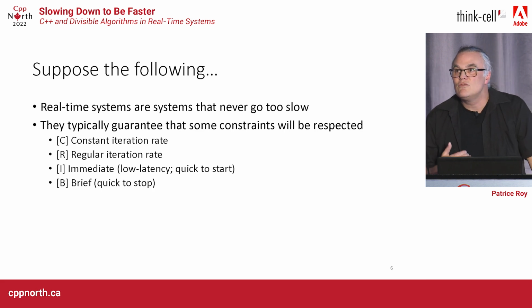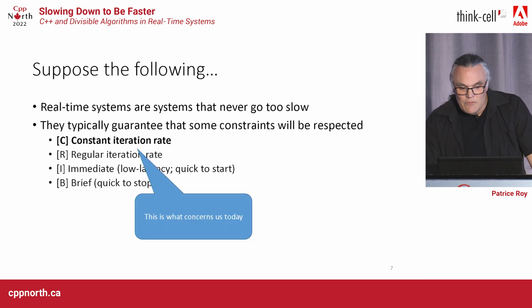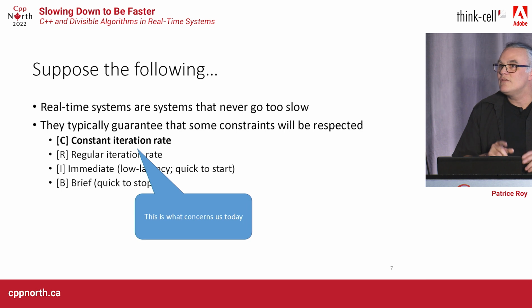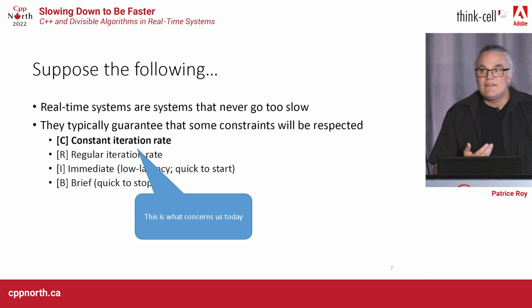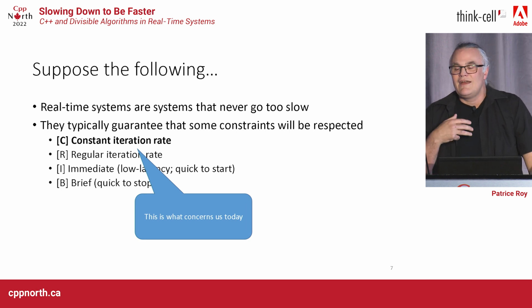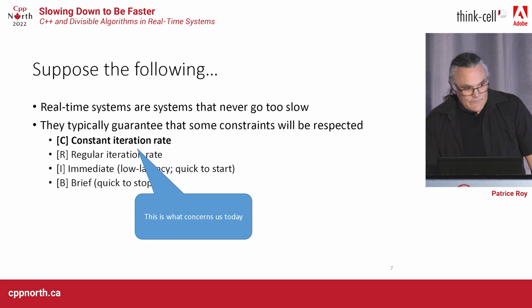They're either trying to do something at a constant rate, which is what I'm trying to do now, or sometimes regular, for which the first example would be fitting, I'd say. Or you're trying to finish early or start at a very low latency once something has happened. So I'm going to be concerned about this one right now, trying to maintain a constant rate given some circumstances that we'll come to in a second. Okay?